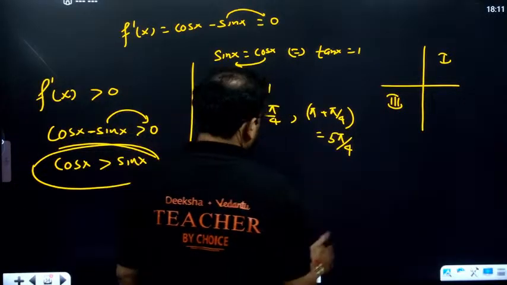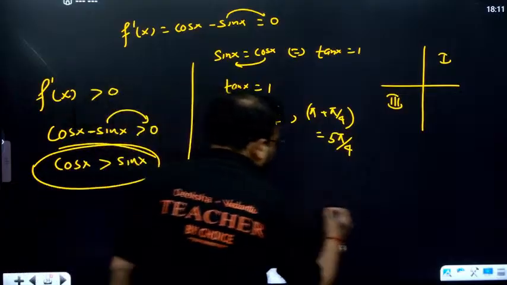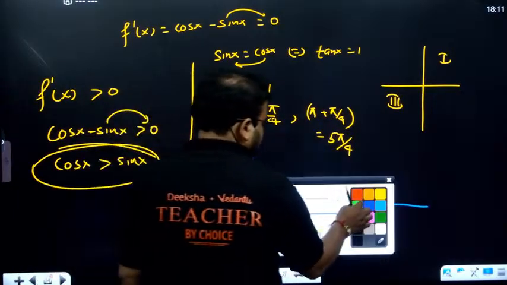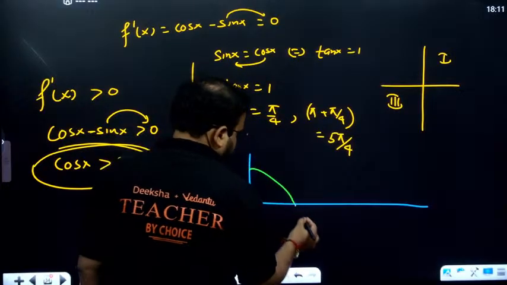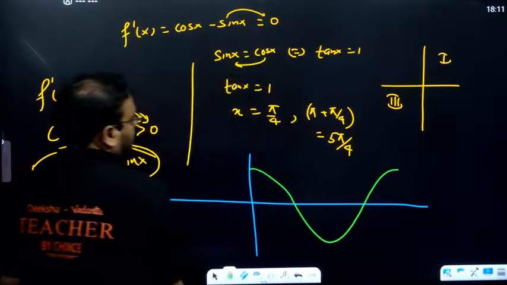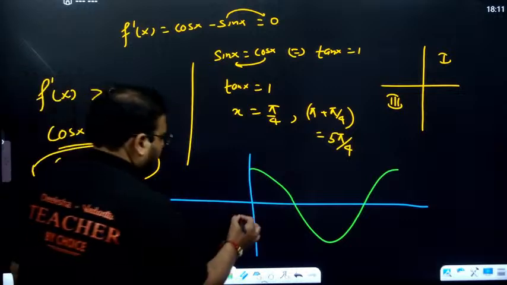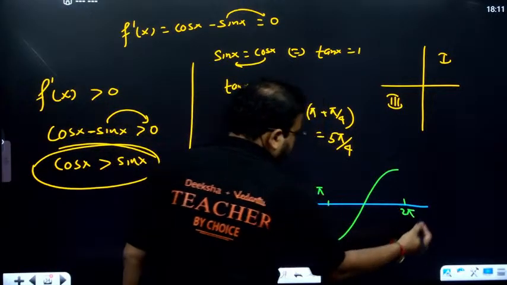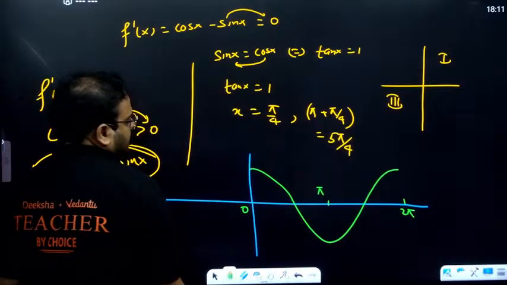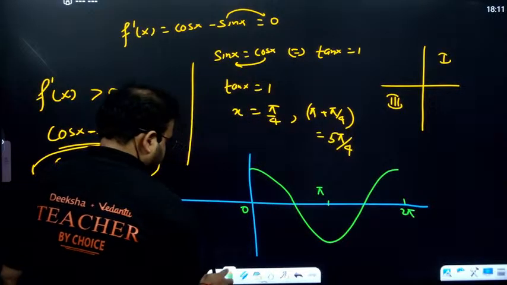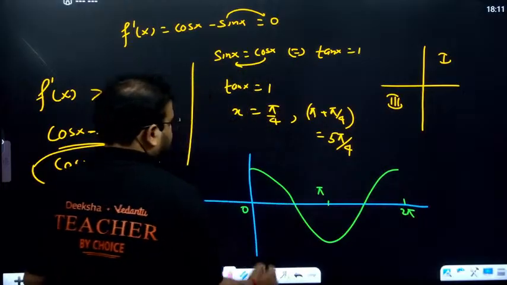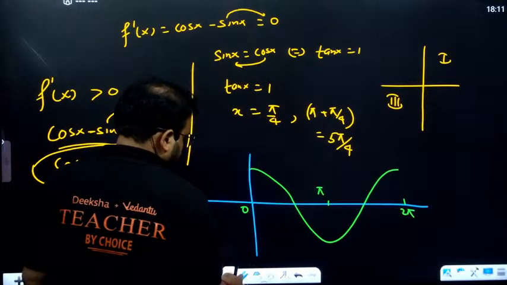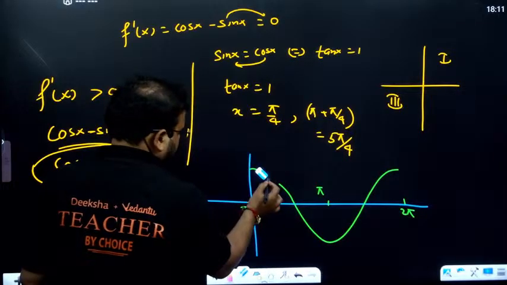Draw both these curves together on the number line. Let's plot the number line properly. This is 0, this point is pi, and this point is 2 pi. Pi by 4 is over here. Let's do the sine function first. This is not accurate actually.